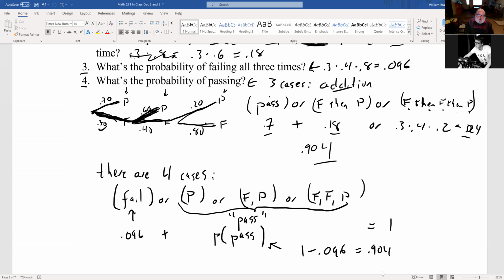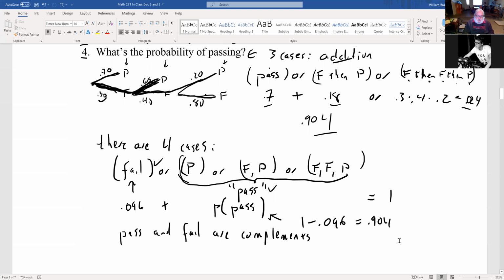So these two things, passing and failing, are complements. You do either one or the other, but you don't do both. And what's the sum of the probability of complements?